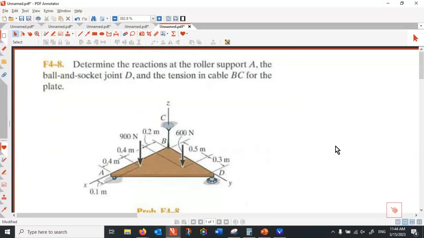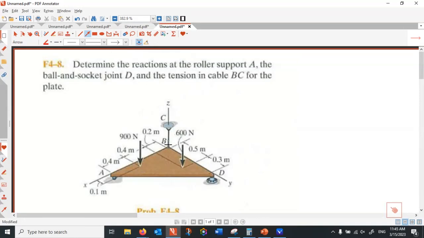Is that what you... Point C, roller support A, yes, roller support A. Ball and socket joint D, and the tension in cable BC. Okay, BC is a cable.